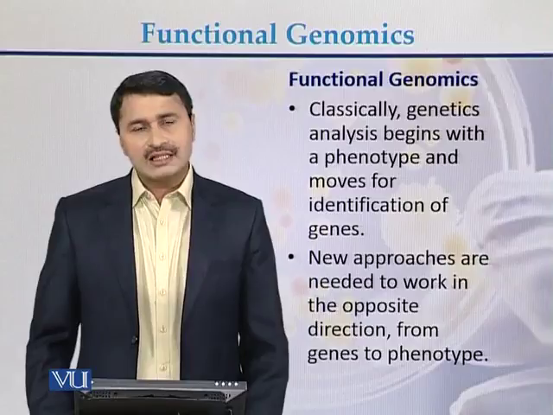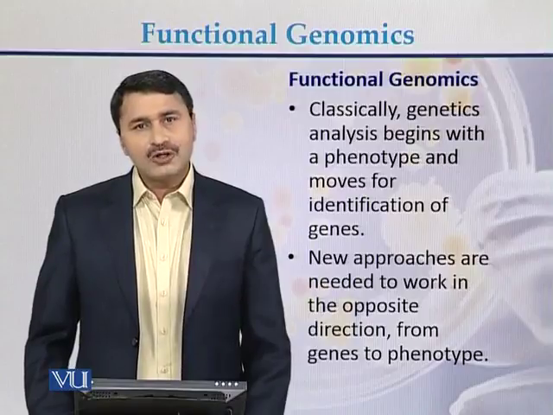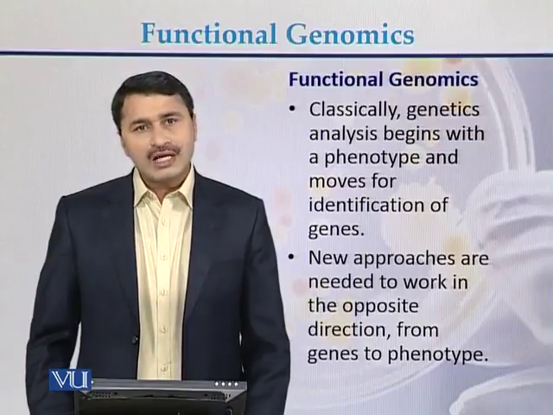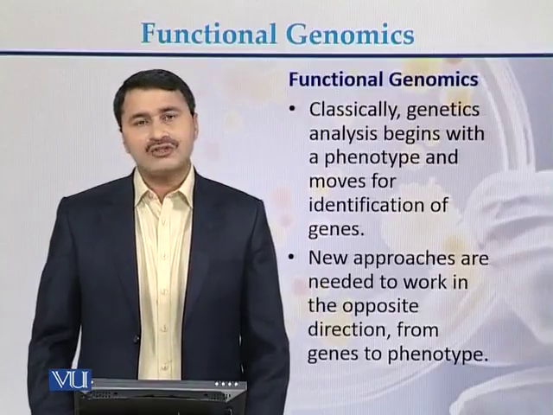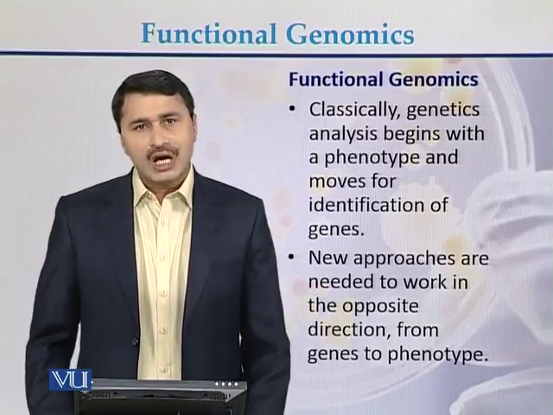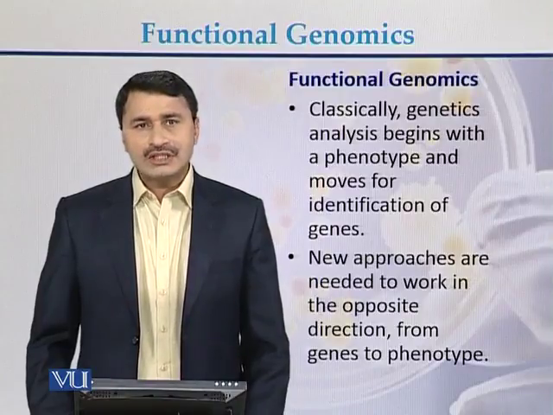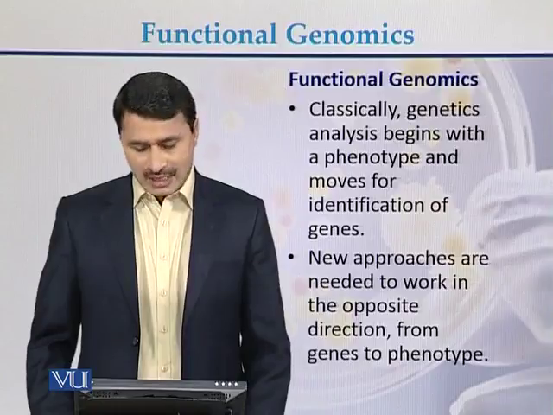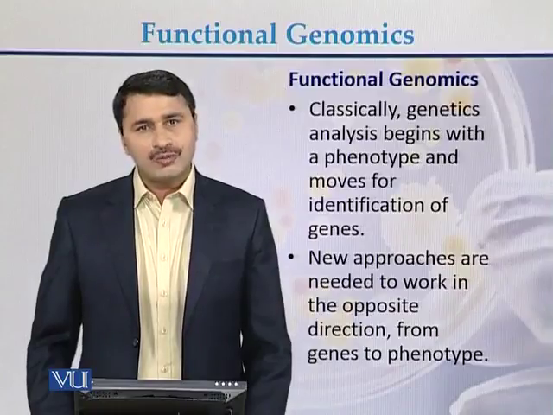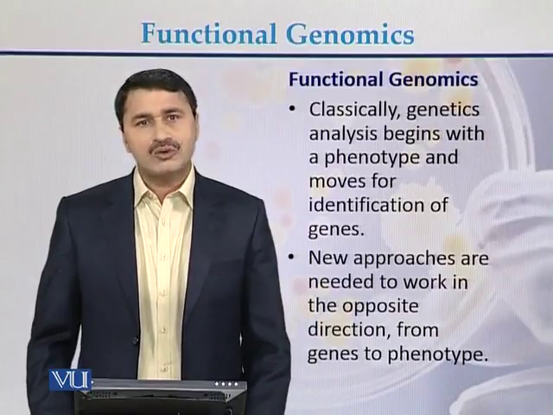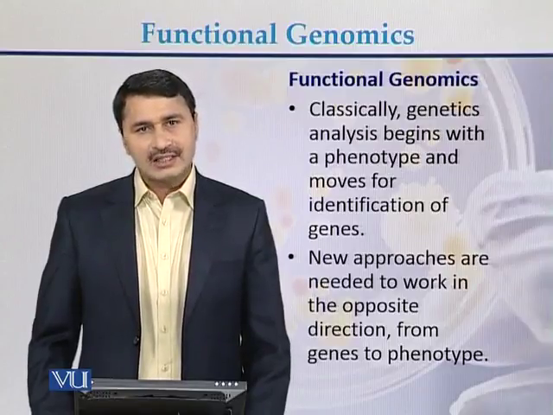This was the classical pattern in genetics. Genomics, the newer approach to studying DNA and genomes, goes in the opposite direction: we start from the genes or the genomes, and ultimately we try to identify the phenotypes. So this is the difference between genetics and genomics.